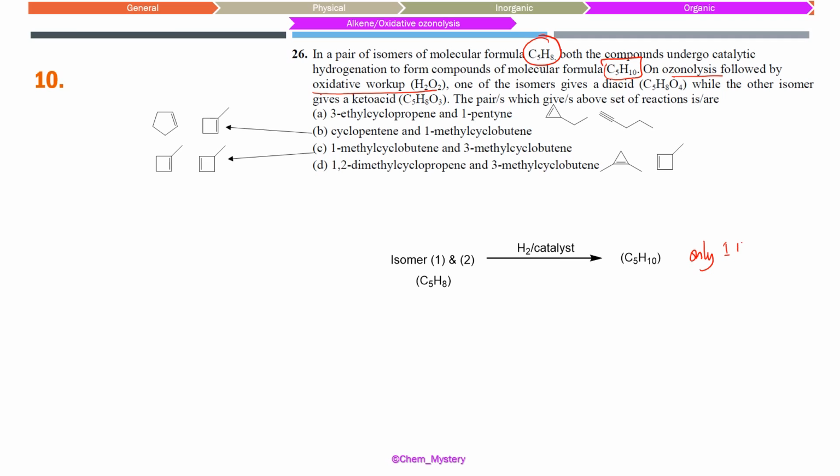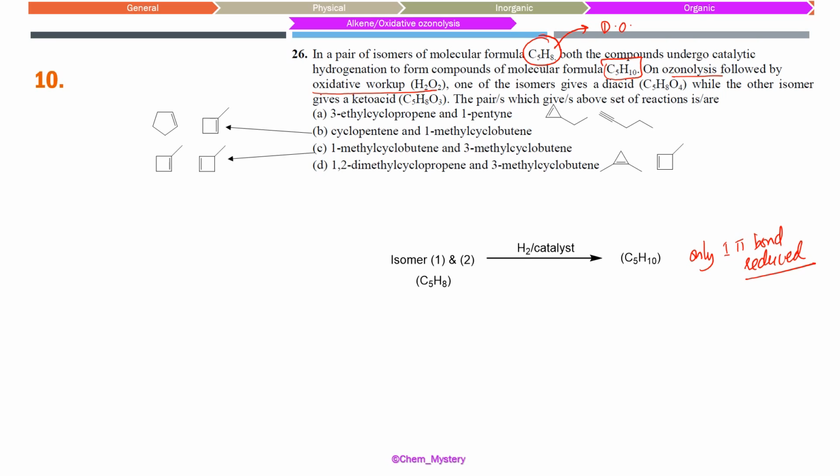If only one pi bond is being reduced, that means this is not a triple bond, so we can rule out the possibility of the triple bond, and this compound may be just an alkene. Basically, we can find the degree of unsaturation and take a decision on that basis. The degree of unsaturation is 2 only.